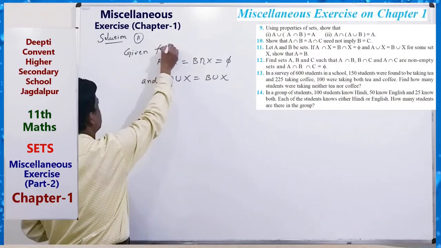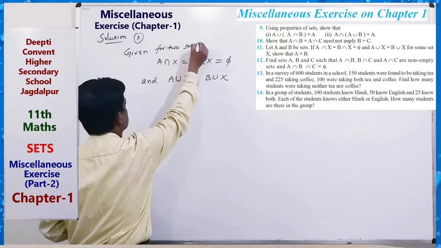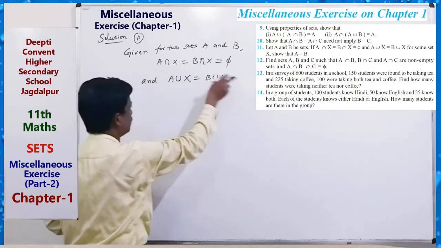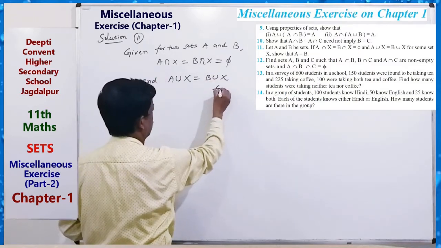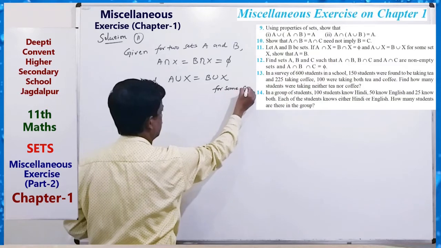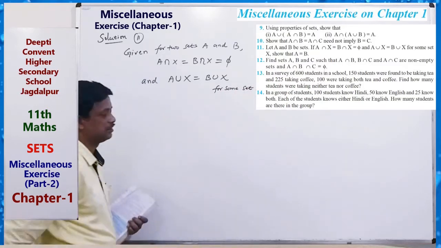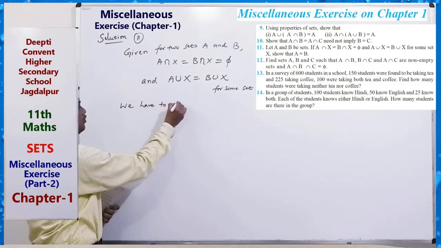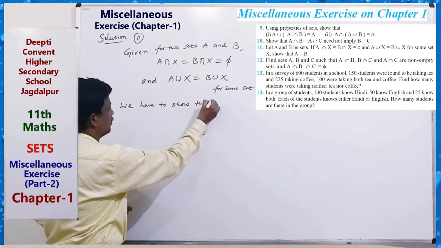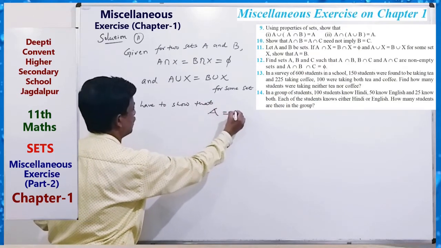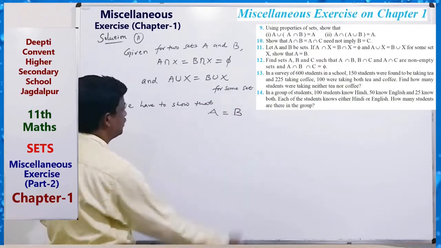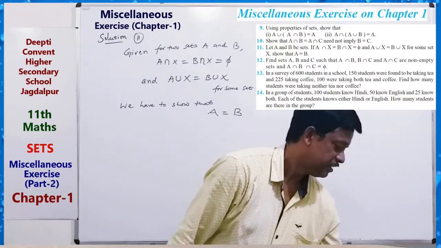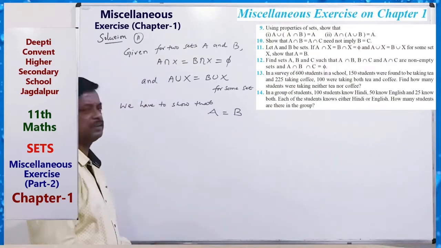Given for two sets A and B, for some set X, we have to show that A equals B. Here you can use any type of technique.